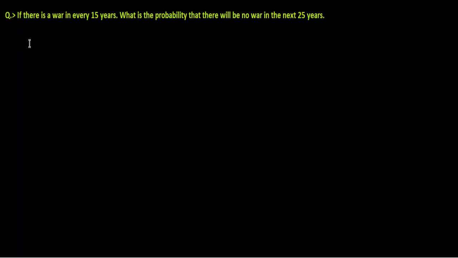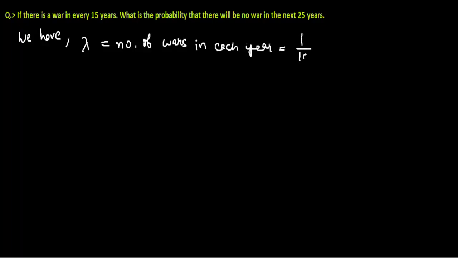This is a question: if there is a war every 15 years, what is the probability that there will be no war in the next 25 years? You need to identify the parameters. Lambda is the number of wars, the number of changes, considered in each year, so it equals 1 by 15, because in every 15 years there is a war.